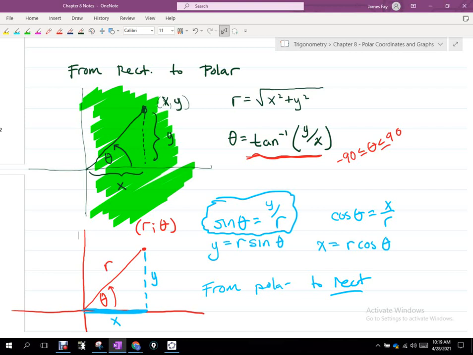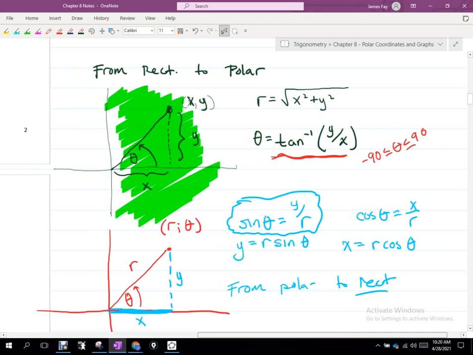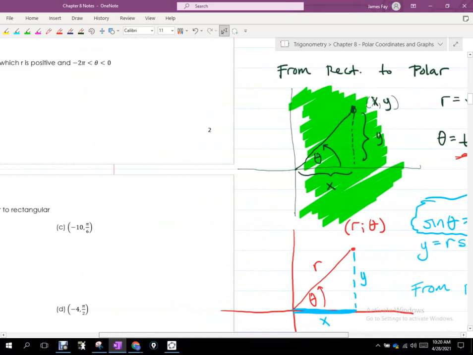When they're in polar, if there's a degree symbol, that's the number one identifier that says this is a polar coordinate. If there's a pi symbol, it's just an identifier to check the directions and see, does it mean that this point is polar or not. So always be on the lookout for that. Try not to make too many assumptions.